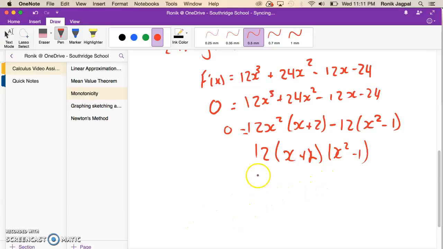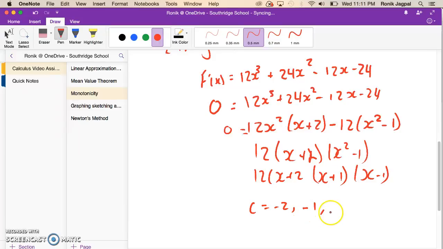And after that, we can see that our critical points are going to be x plus 2 equal to 0, so x equals negative 2, x plus 1 equal to 0, so x equals negative 1, and x minus 1 equal to 0, so x equals positive 1.